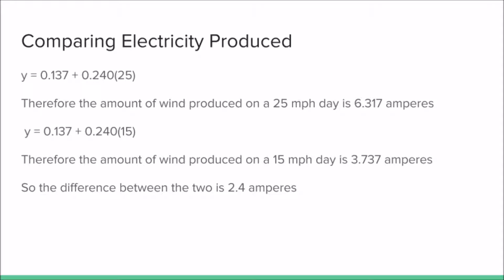To compare the electricity production between the 25 mile per hour day and the 15 mile per hour day, the values 25 and 15 have to be plugged into the regression equation that was found on the previous slide. These calculated values for the 25 mile per hour day is 6.317 amperes and the 15 mile per hour day is 3.737 amperes. This creates a difference of 2.4 amperes.